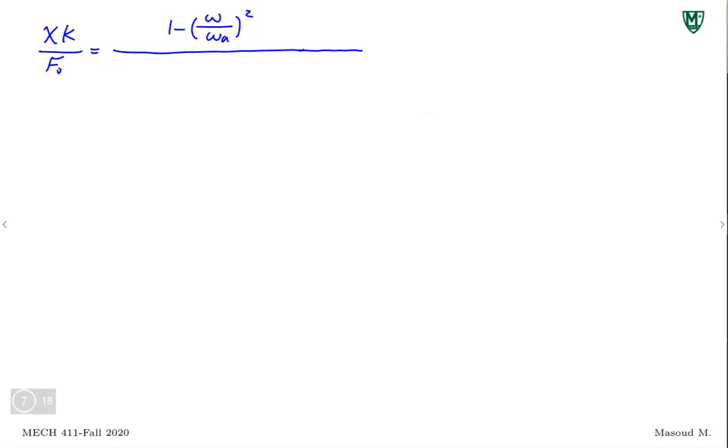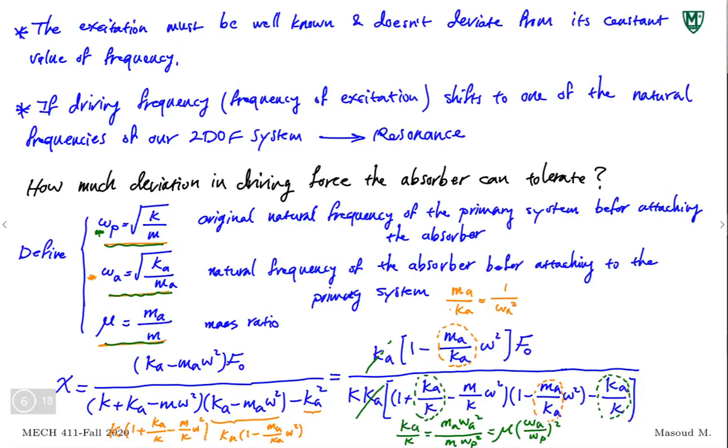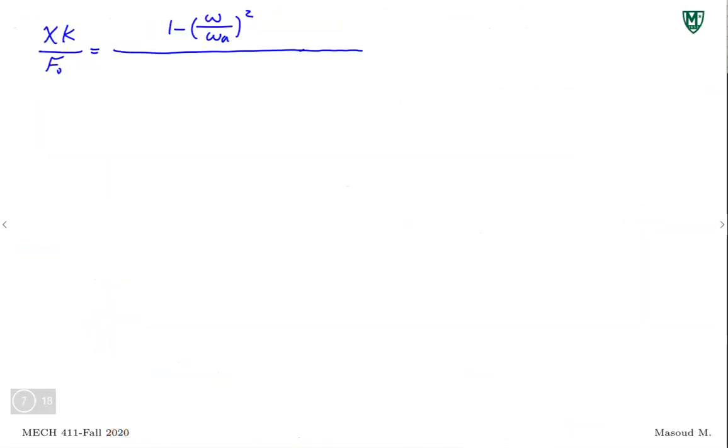From the denominator, let's see, I'll get 1 plus mu omega a over omega p squared. Right? Maybe I should have used a bracket right there. There you go.